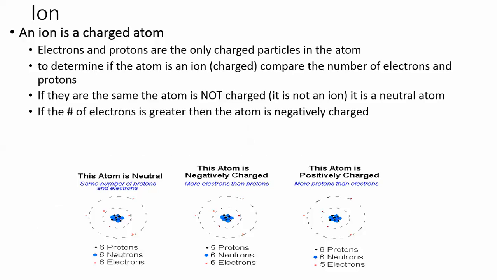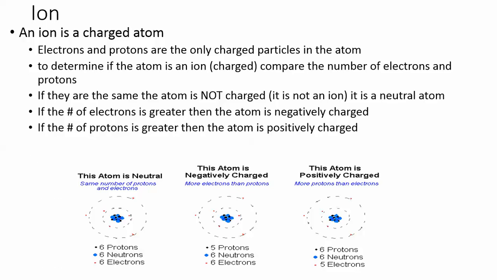If the number of electrons is larger than the number of protons, electrons are negatively charged. So if we have more negative charge, then clearly we are negatively charged, and we would be a negative ion. We'll talk later about specific terms we use for that, but right now, negative ion is fine.